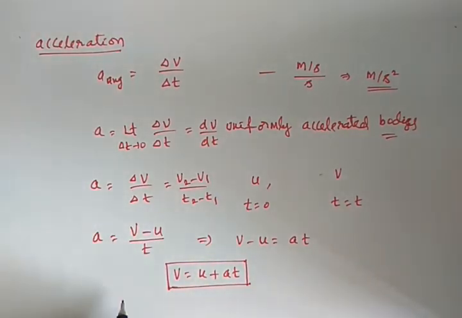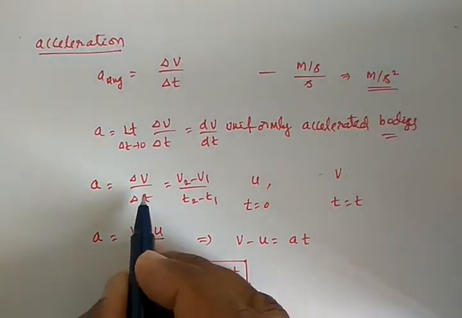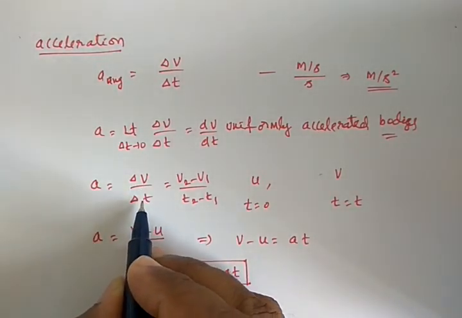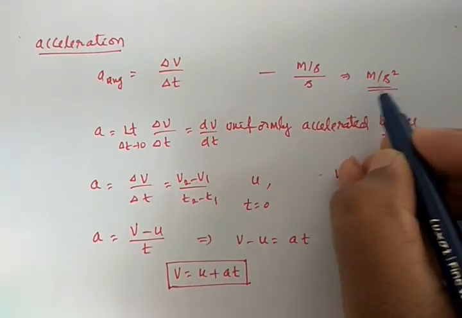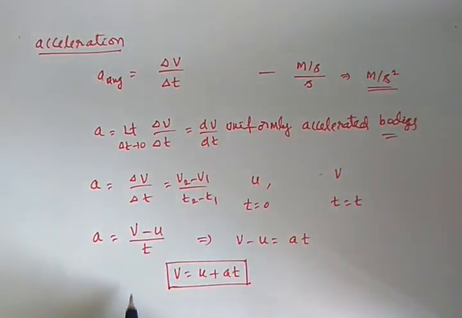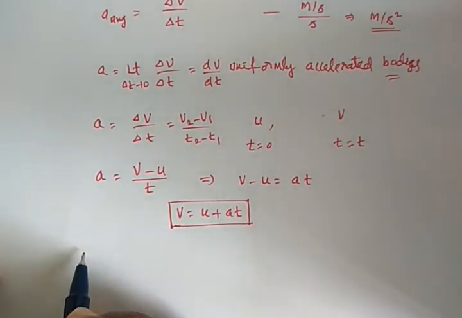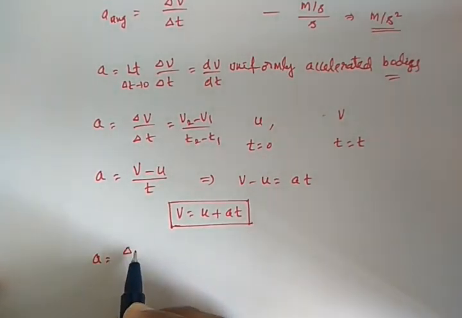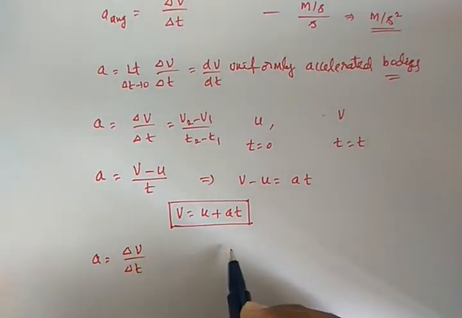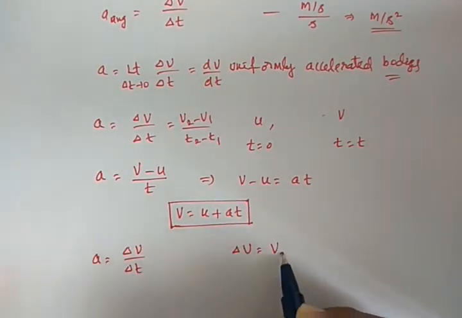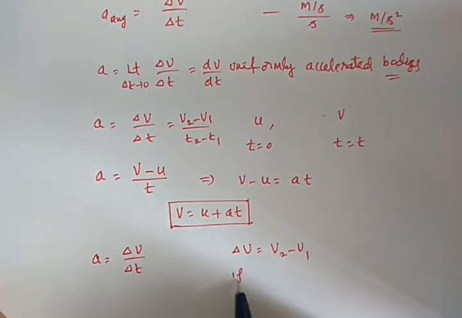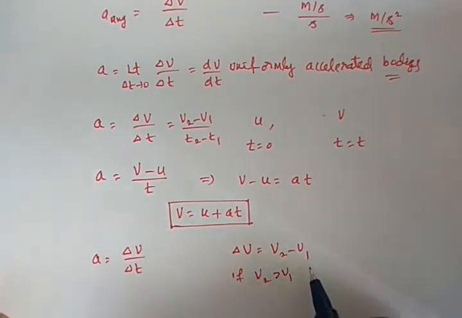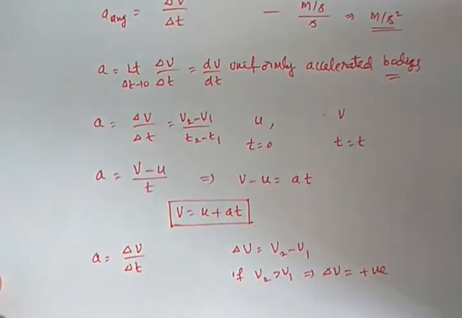Now let us look at the sign of this acceleration. We have defined a as delta v by delta t, where delta v equals v2 minus v1. If v2 is greater than v1, then delta v will be positive.